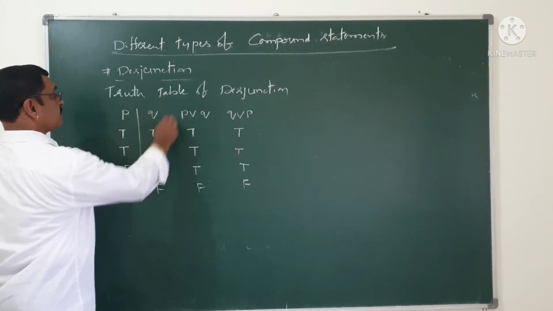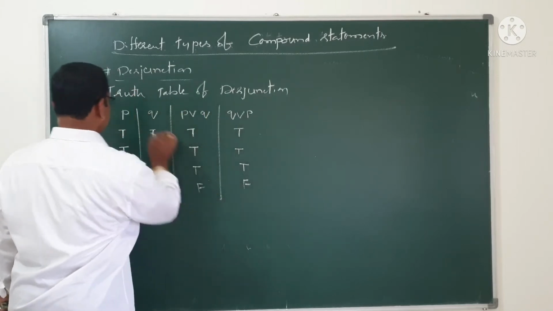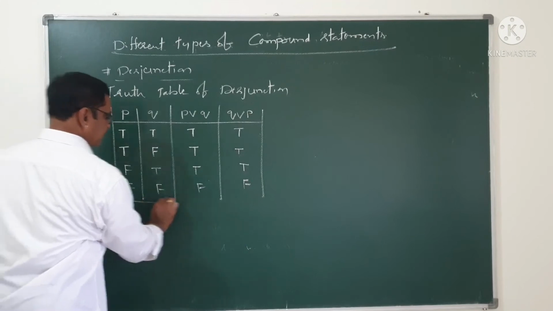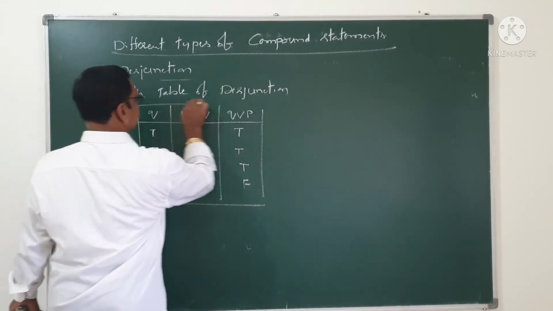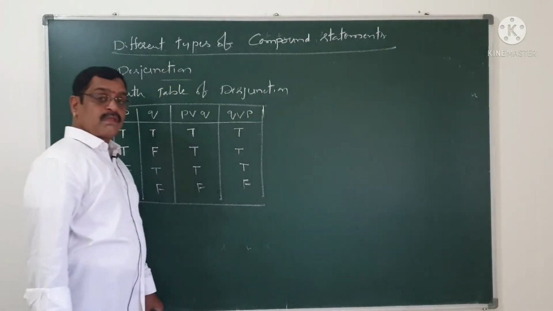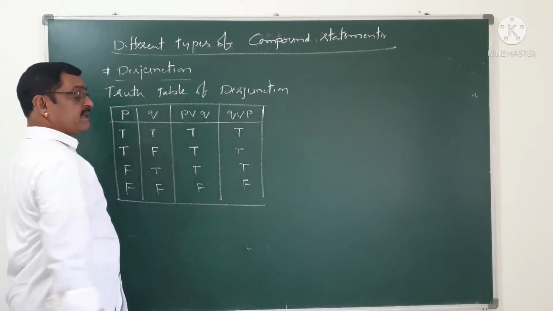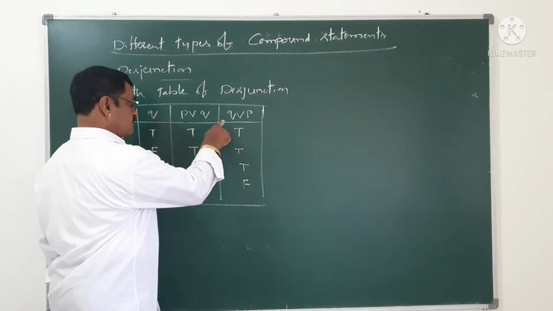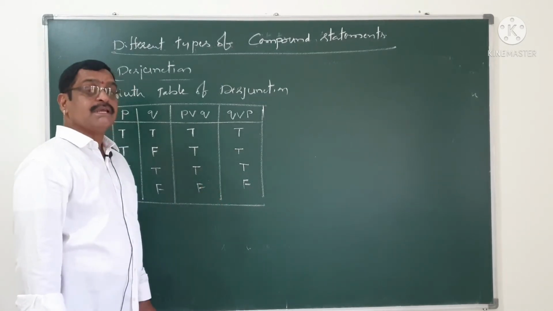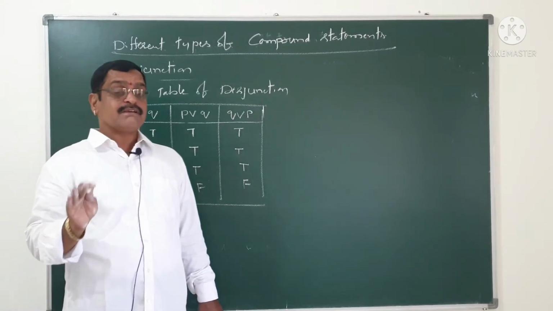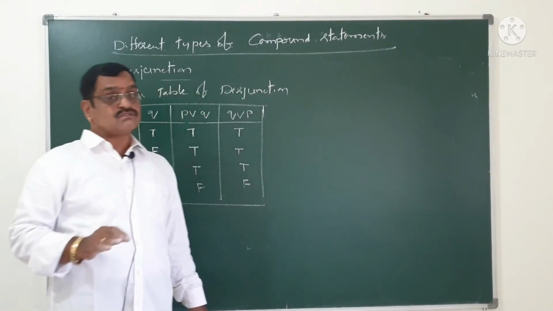So this is the truth table of disjunction of the statements. If you observe carefully, P or Q and Q or P, both truth values are the same. In this case, these two are called equivalent statements with respect to their truth values.